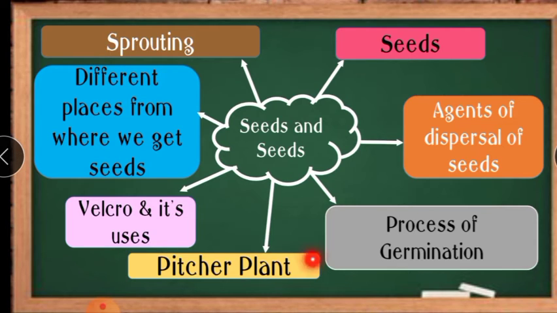Next is pitcher plant. We will also learn the process of germination. We will get to know about agents of dispersal of seeds. We will learn about seeds.